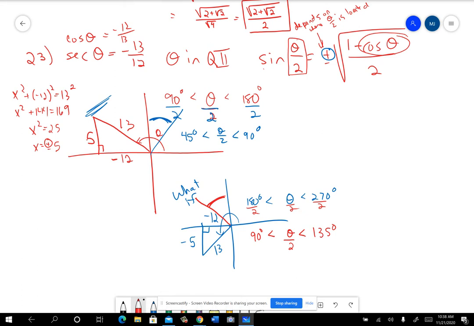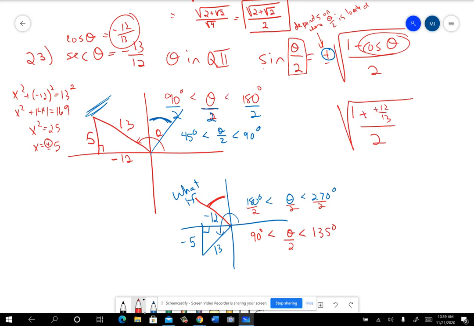We're going to go ahead and plug everything in. So we're going to get positive square root of 1 minus, and why I said I didn't really need the picture is we actually can get cosine from secant. So it's 1 minus negative 12/13, all divided by 2. That's really plus.